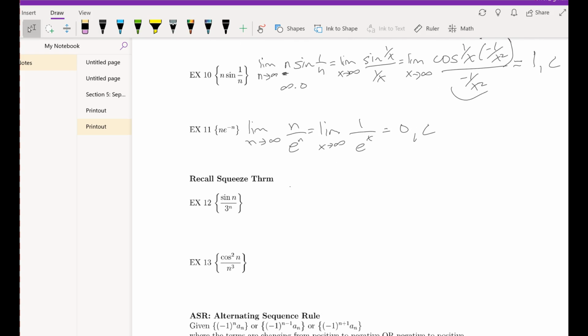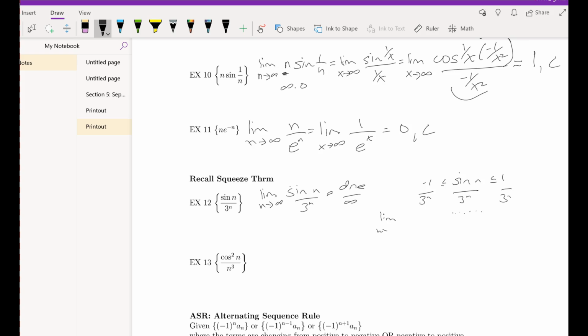So here if I take the limit, I get the limit as n goes to infinity of sine of n over 3 to the n. This gives me a DNE over an infinity. Not much we can do with that. If you think about it, you know that sine is bounded between 1 and negative 1. So if I divide everywhere by 3 to the n, in the middle I have the sequence that I want to show what it does.